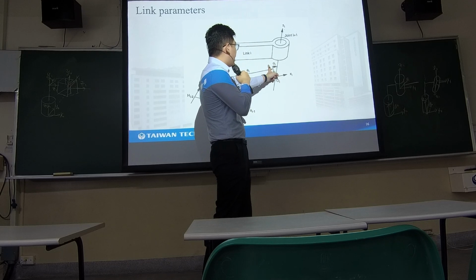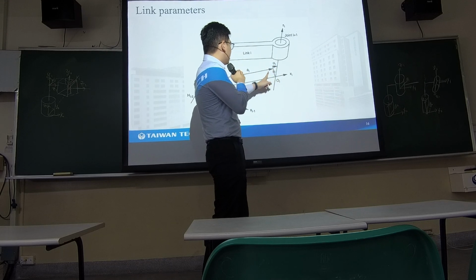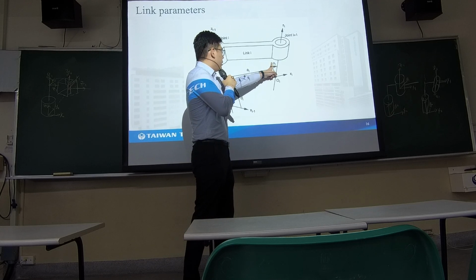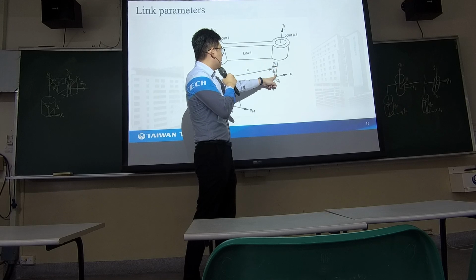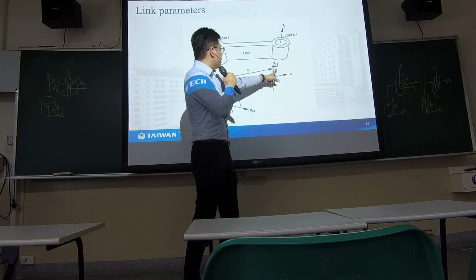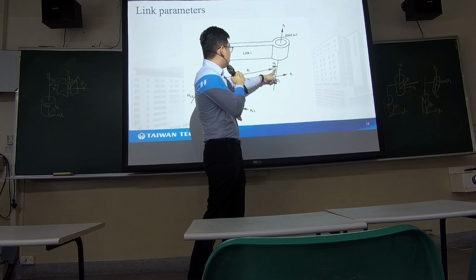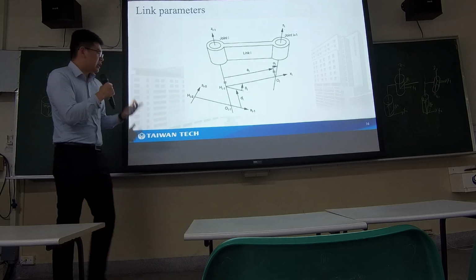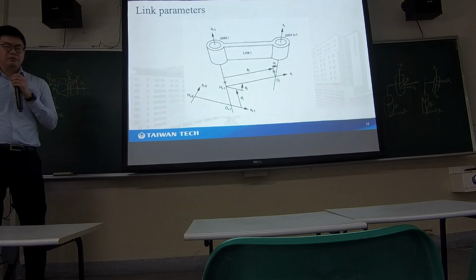And alpha i is the angular offset, the angular displacement between the joint i axis and the joint i plus 1 axis, rotated about the x axis. We will explain it afterwards in detail.